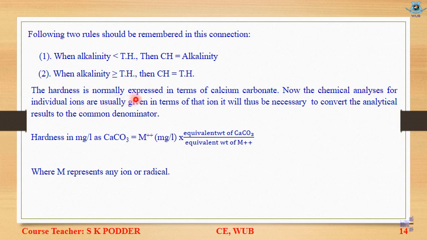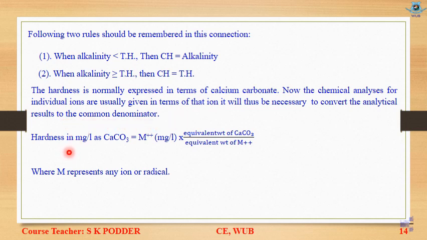The hardness is normally expressed in terms of calcium carbonate. Now, the chemical analysis for individual ions are usually given in terms of that ion. It will thus be necessary to convert the analytical result to the common denominator.